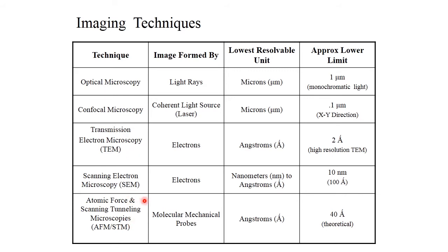Atomic force microscope uses a probe. The probe physically touches the surface of the specimen, and based upon the way the probe interacts with the specimen, it produces an image of that specimen. So I'm going to talk about some details pertaining to these methods in the coming slides.